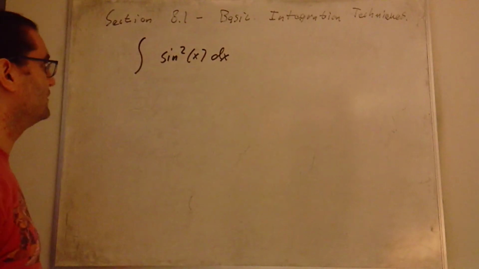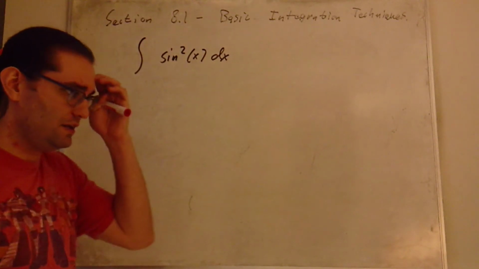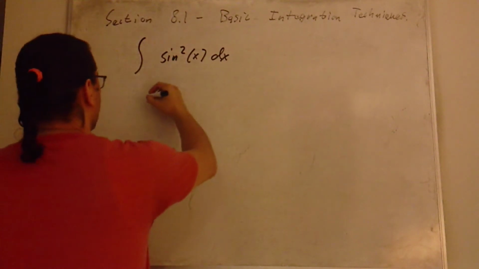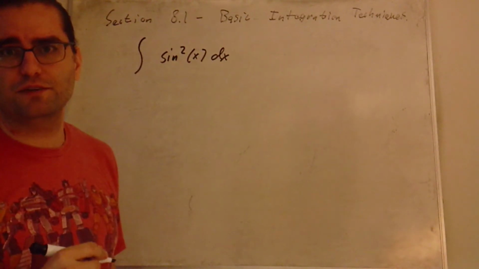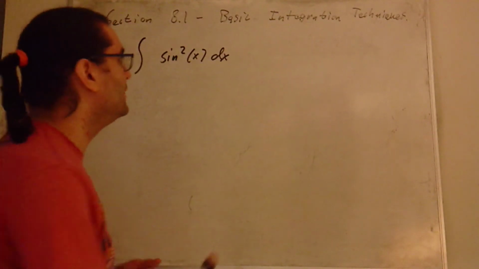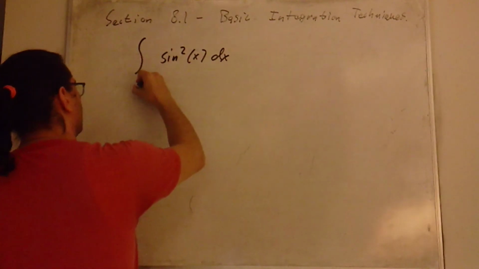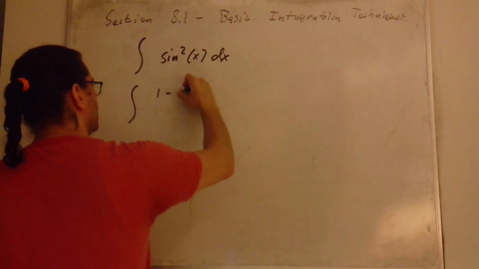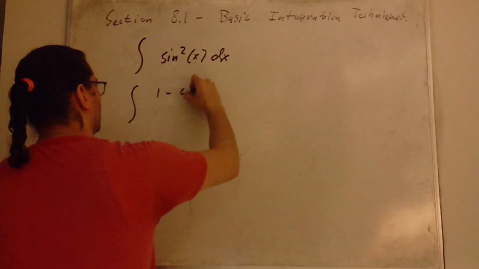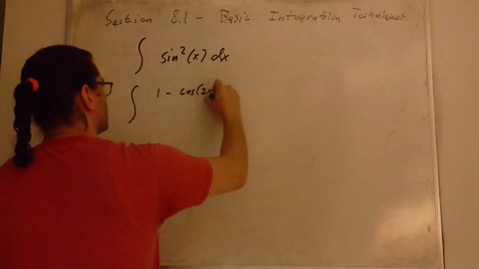I'm 99% sure I remember what the half angle formula for sine is. Usually I just look it up. It's easy, you can Google half angle formula for sine. I'm pretty sure the half angle formula for sine squared is 1 minus the cosine of 2x over 2.